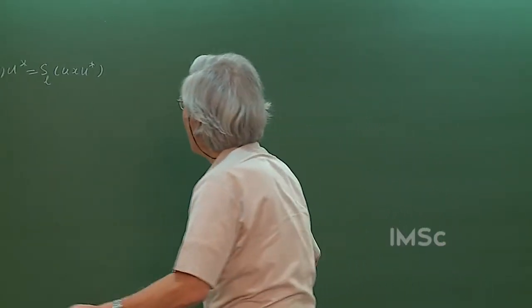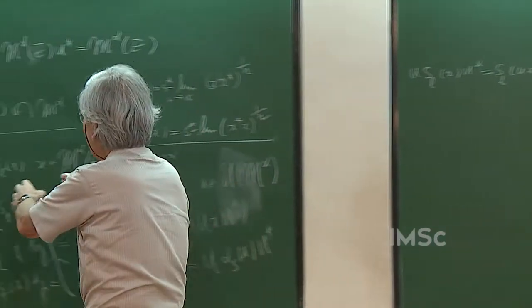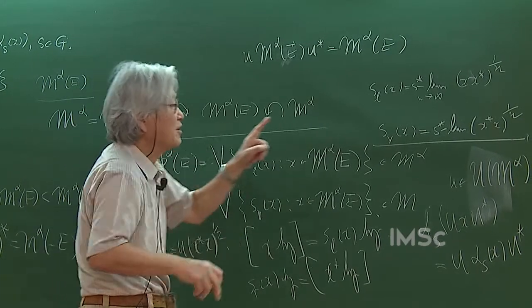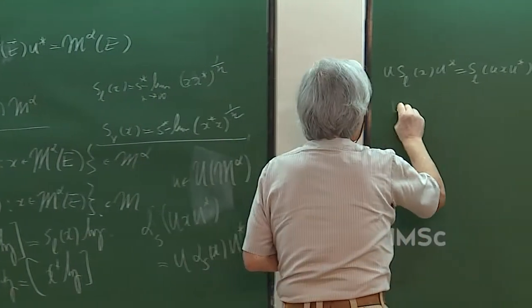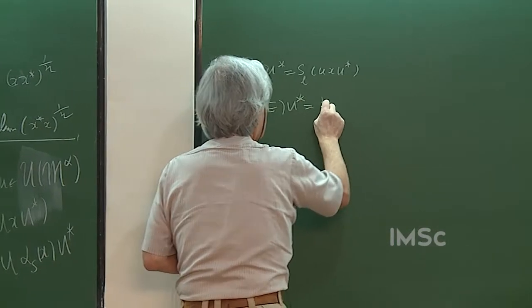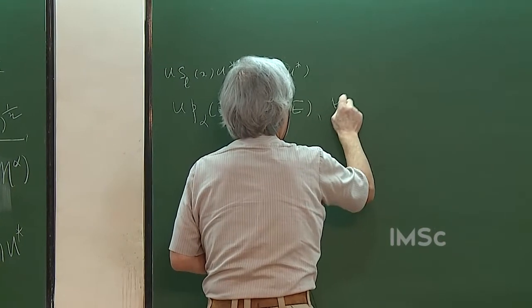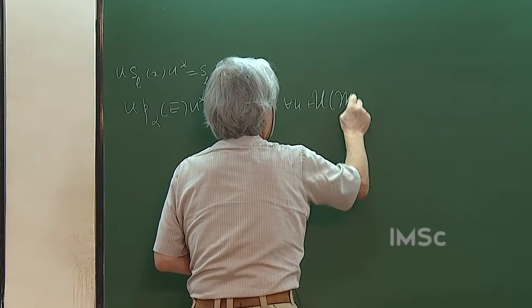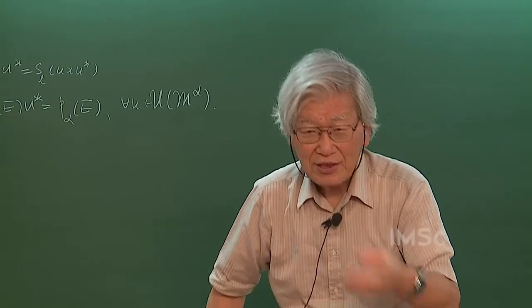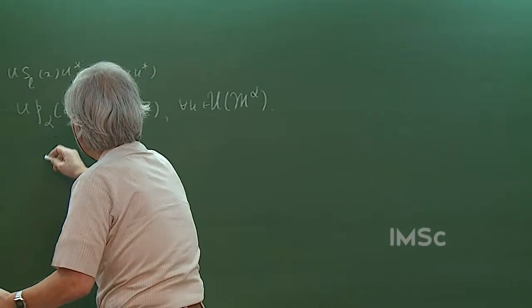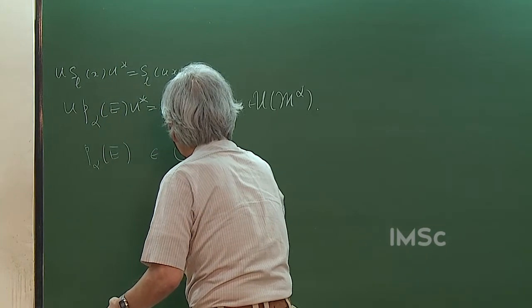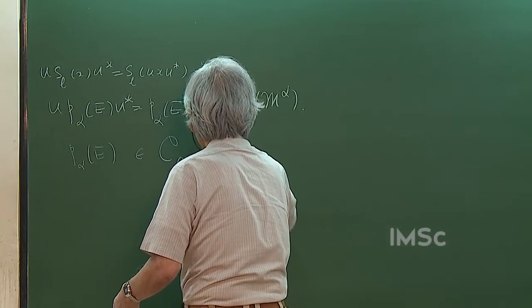Taking all of them, this does not move by the inner automorphism: u P_alpha(E) u star equals P_alpha(E) for all u in the unitary group of the fixed point algebra. Consequently, P_alpha(E) belongs to the center of M_alpha. I write it as C_alpha.